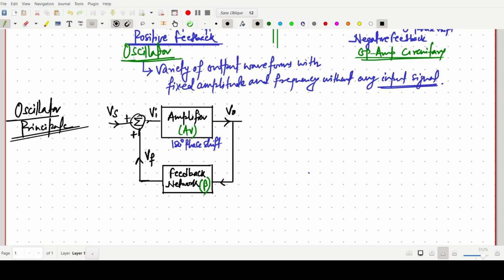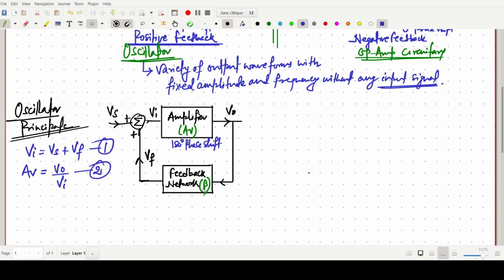So one can write three equations. First equation: Vi equals Vs plus Vf, equation number 1. Now the amplifier gain Av equals output V naught by Vi, equation number 2.